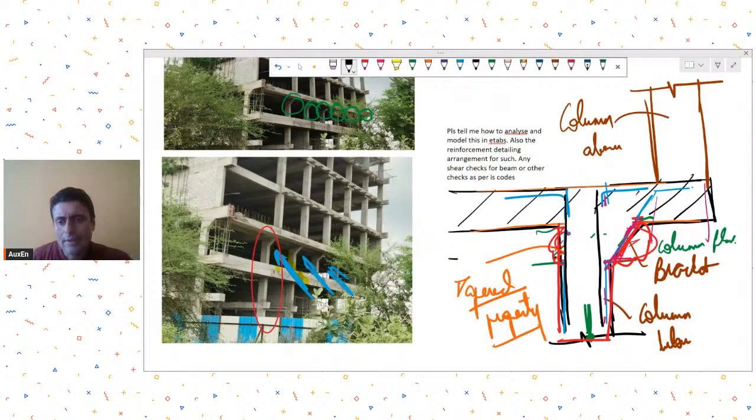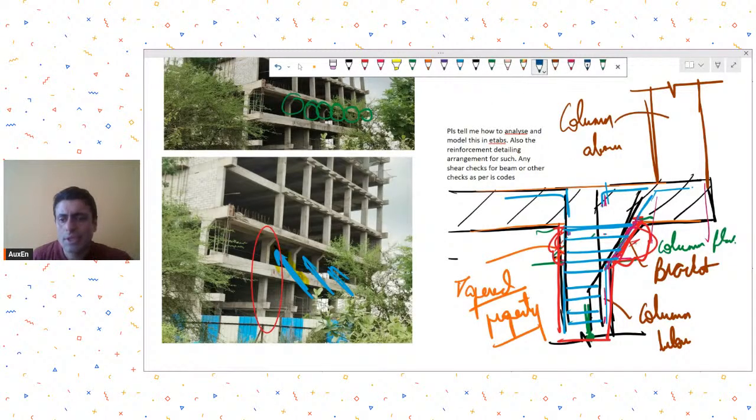you can add these kinds of reinforcement over here and provide the required development length, and then tie it with stirrups over here in this region, ensuring that whatever stirrups are required for shear transfer are provided.